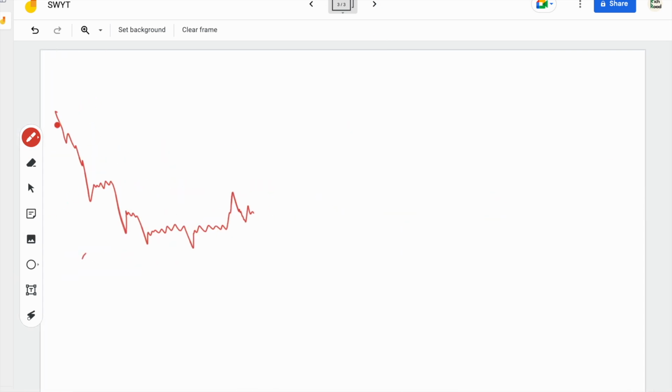So if you see here, what was happening? The fall was big, consolidation was small. Fall came, not as big, consolidation was also small. Then another fall came. If you notice, all the falls are shorter than the one before. That means loss of momentum on the downside.